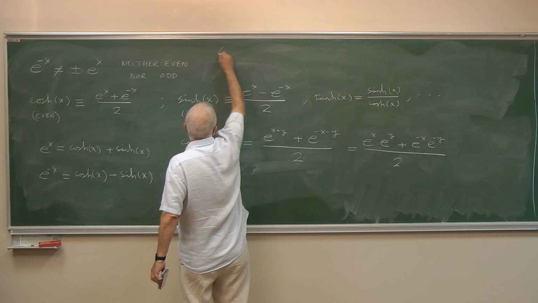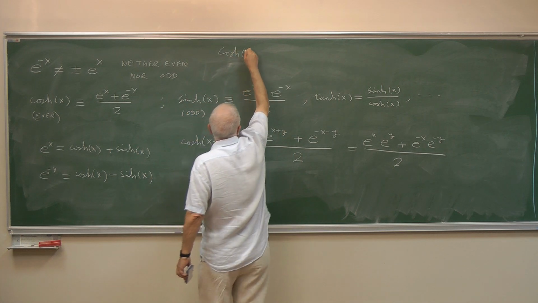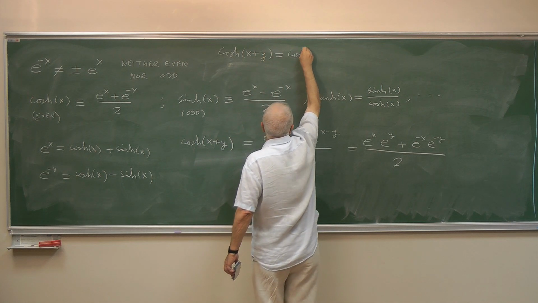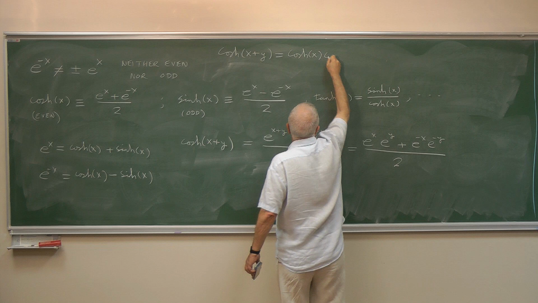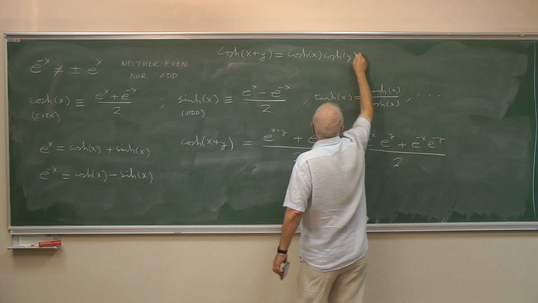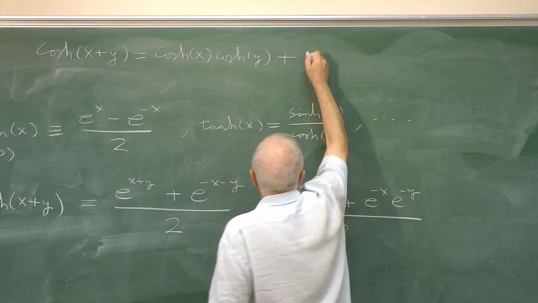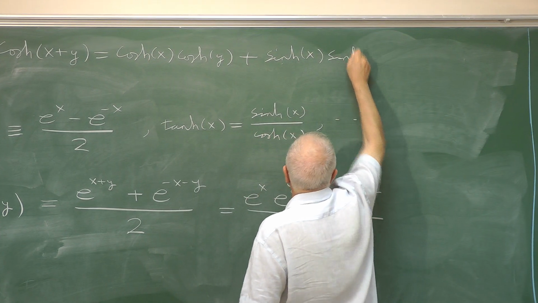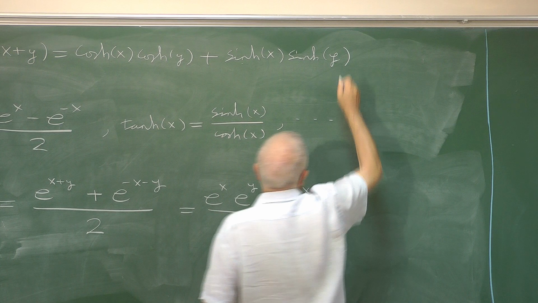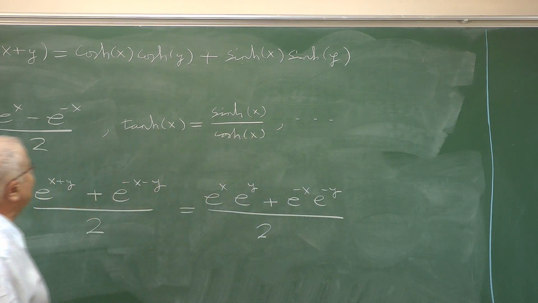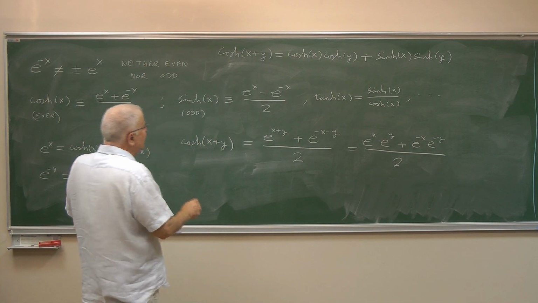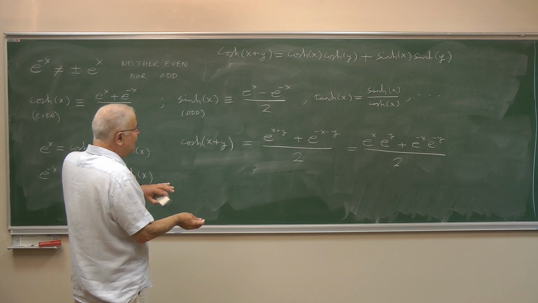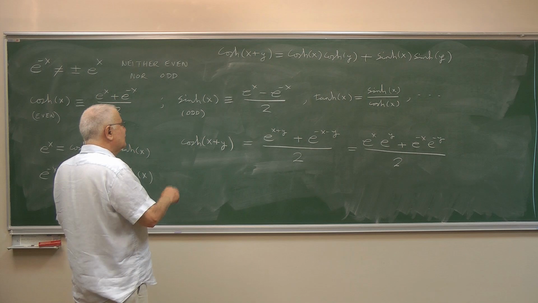Cosh of the sum is cosh x cosh y plus sinh x sinh y. So it is like trigonometric functions, but not quite.